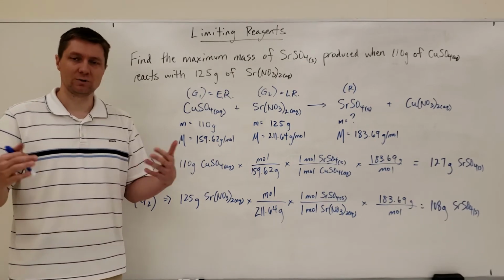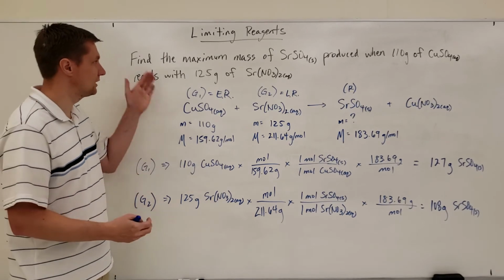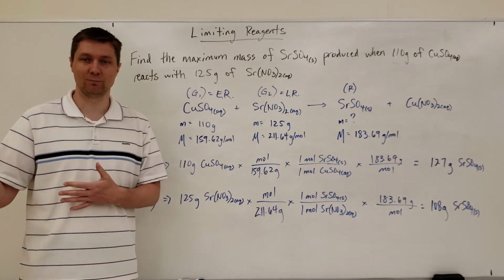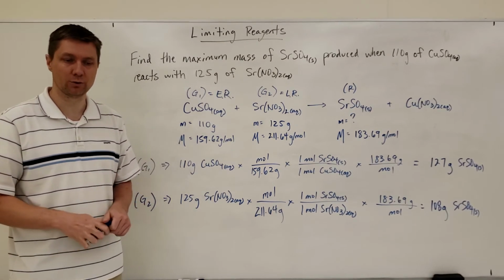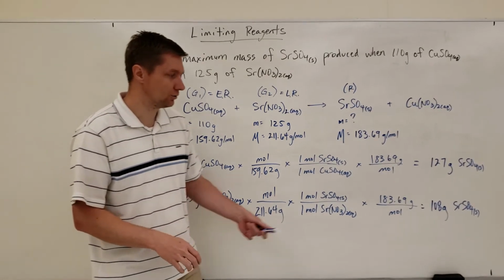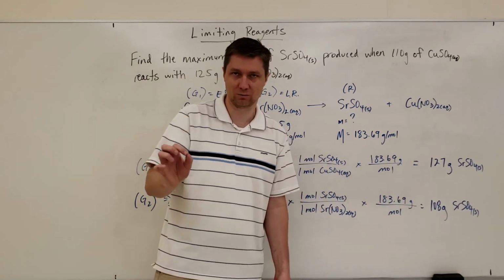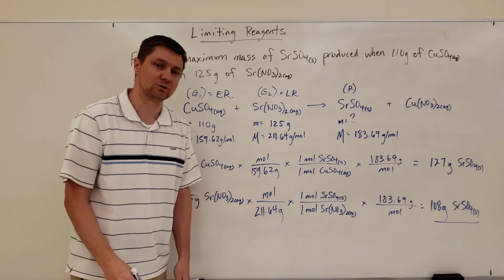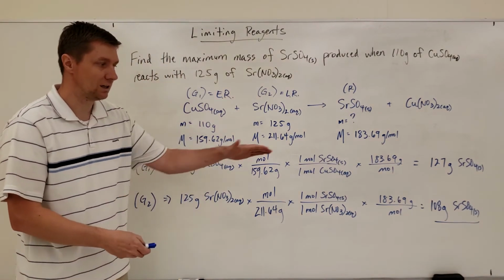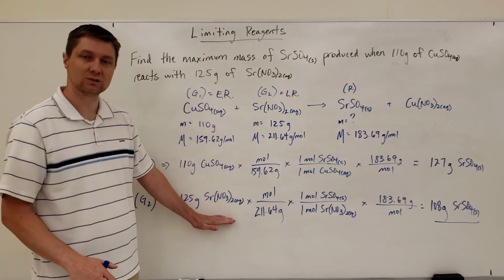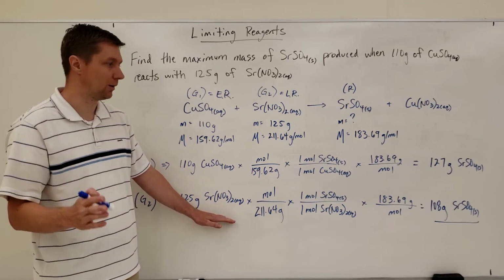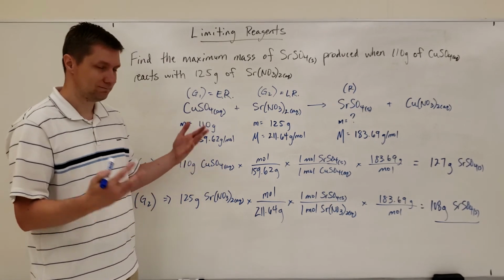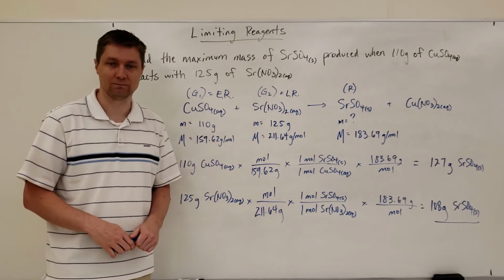So just to recap, with questions like this, you'll be asked for limiting reagents, either find the maximum mass of some substance that's produced, and when you do that, you've got to make sure that you are looking for the number that's the smallest. This is the maximum mass that can be produced of strontium sulfate, because once I get to that number, this substance has run out and the reaction will stop, and I won't be able to complete the rest of what this reaction could do simply because this guy's all gone.